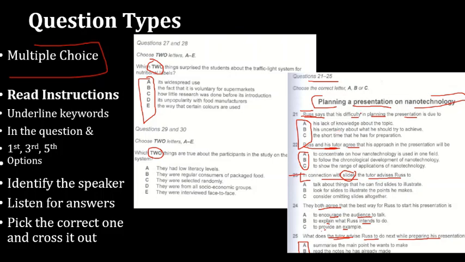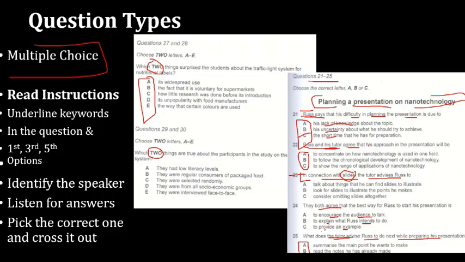Over here, you can underline uncertainty, lack of knowledge, and short time. Those are the key things that we can underline, and you'll be looking out for these as he speaks. As soon as he says it, we just pick out the answer, and we move on.